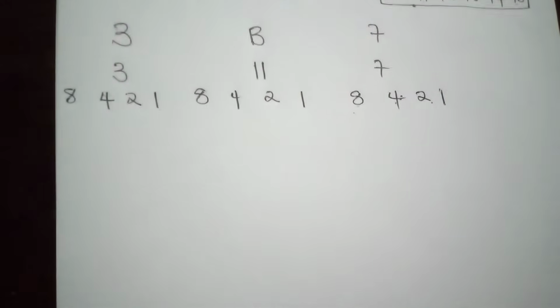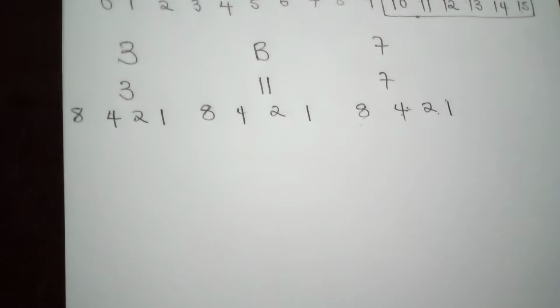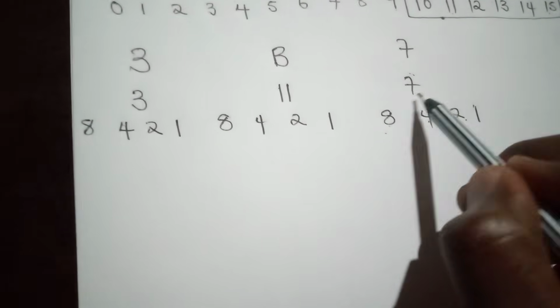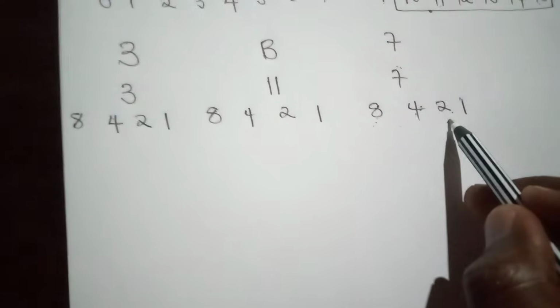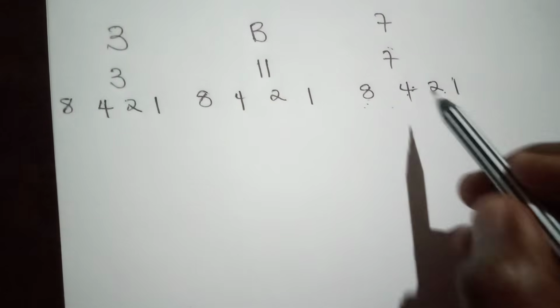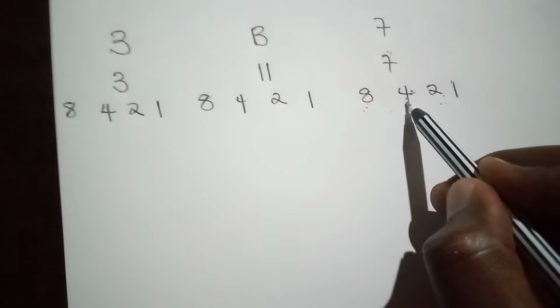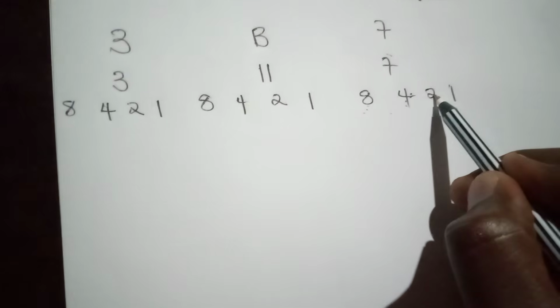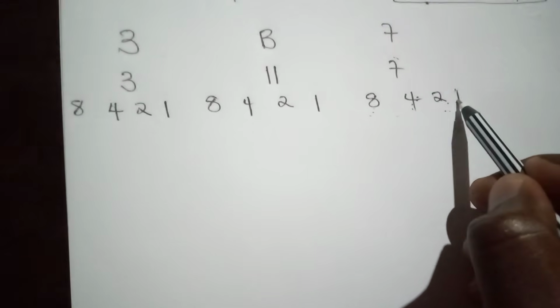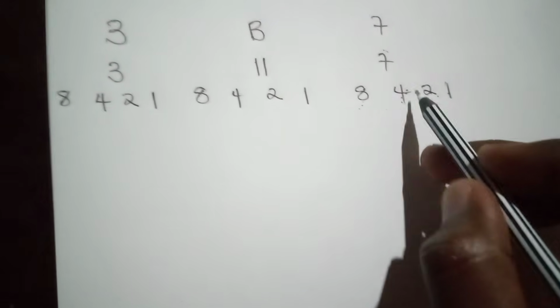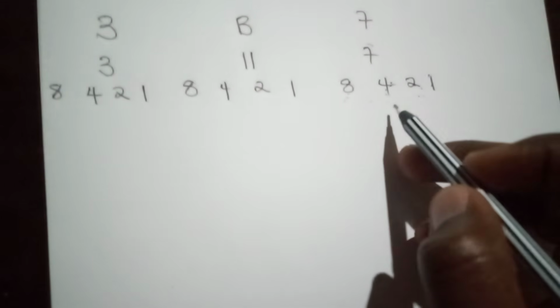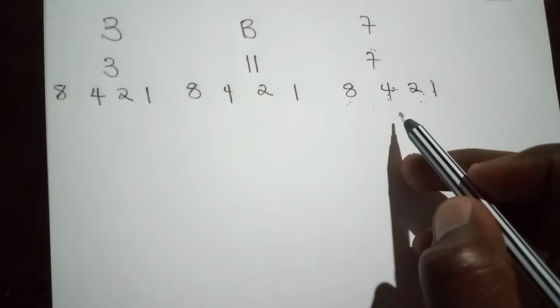Now the next question that you are going to ask yourself is that, for me to get this 7, there must be certain numbers that I should add to get 7. If I add 4 plus 2, that is 6, plus 1, 7. The numbers that you have selected there, you always replace them by 1.